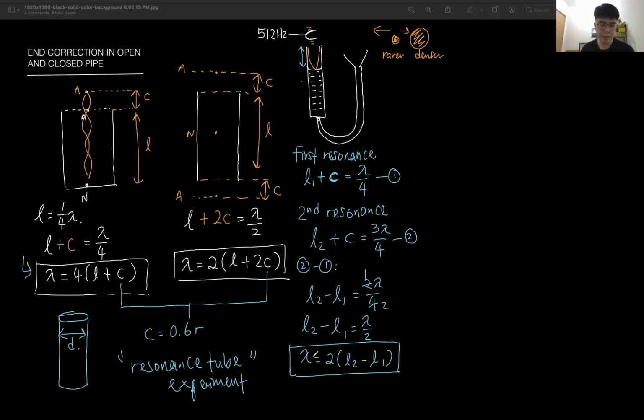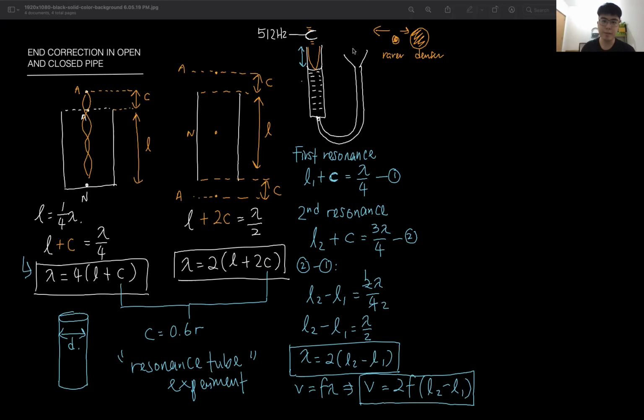So lambda is this one. Then I can also calculate the speed. V equals f lambda. So V equals 2f times (L2 minus L1).